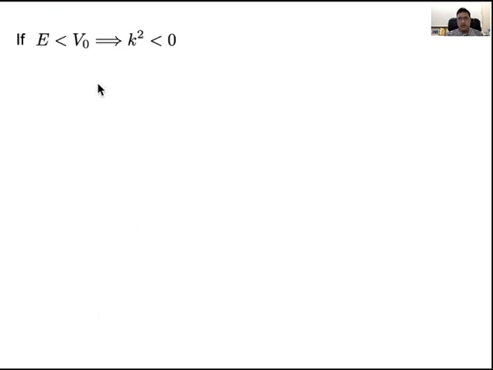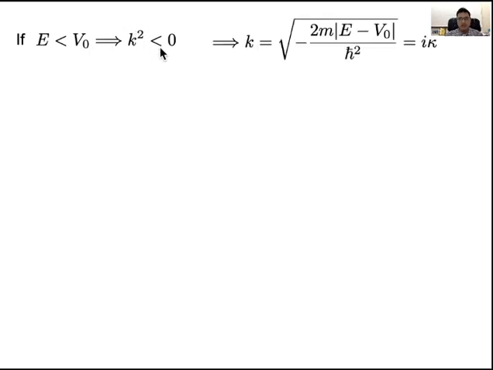Now, if we assume our energy is smaller than V naught, for example, then we are going to get a k square which is smaller than 0. It means that this term is going to be negative, so to make it positive, I have taken the minus sign here. So I can write down my k is equal to i kappa, where kappa is defined as square root of 2m mod of (E minus V naught) over h cross square.